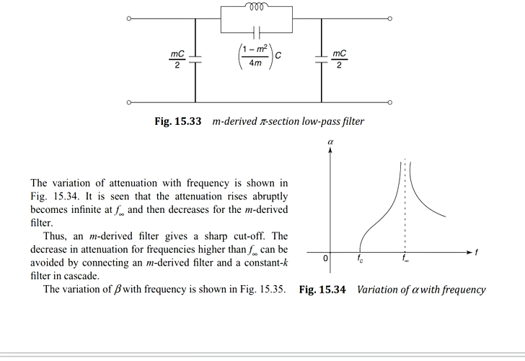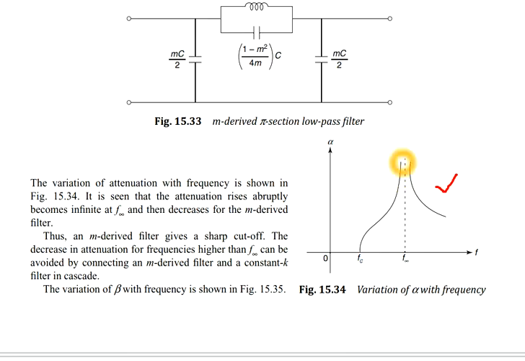If you observe the characteristic now, this is very important, because from this only we need to design the m-derived filter. We got f infinity greater than fc. So at f infinity what happened? The attenuation is going to become infinite. That means this change is happening rapidly.